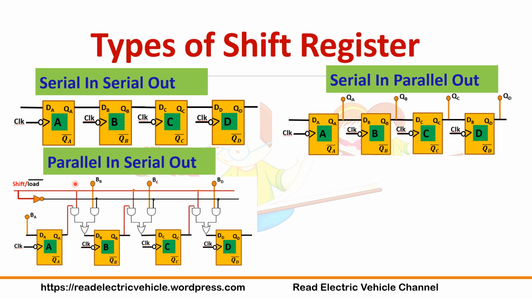First, you have to load the data. Loading takes place parallelly, so all the flip-flops will be loaded with the data. Then you have to do the shifting operation and take the data outside bit by bit serially. So this circuit will be quite different from the other types.